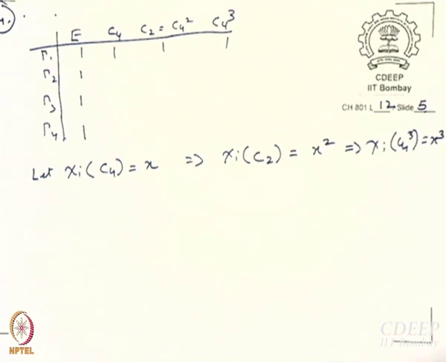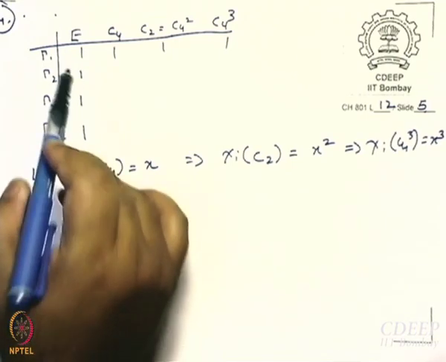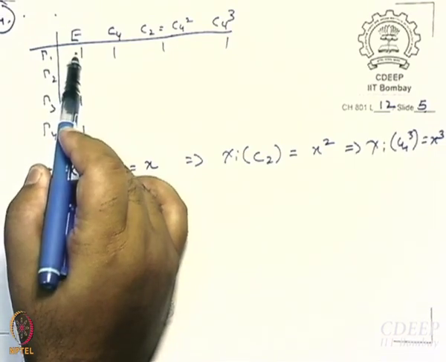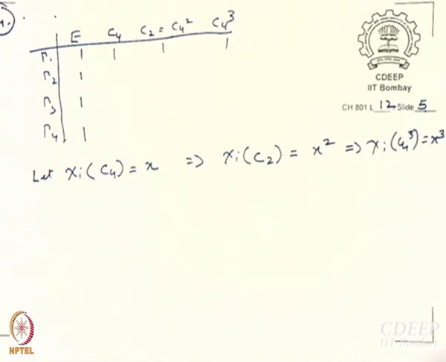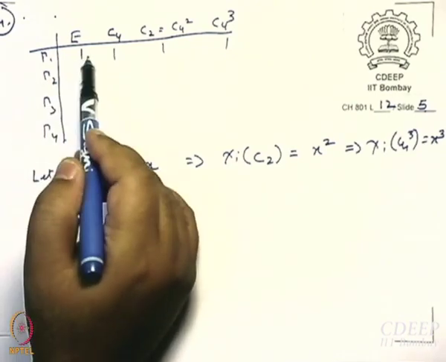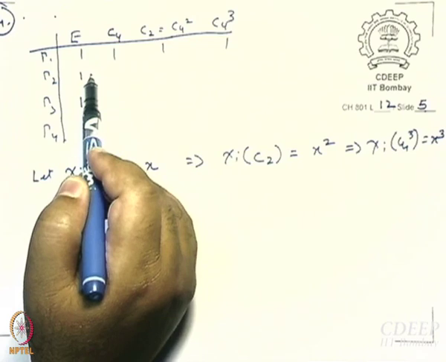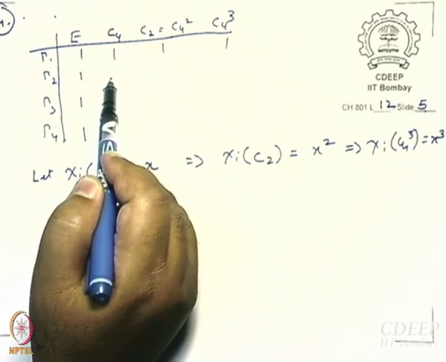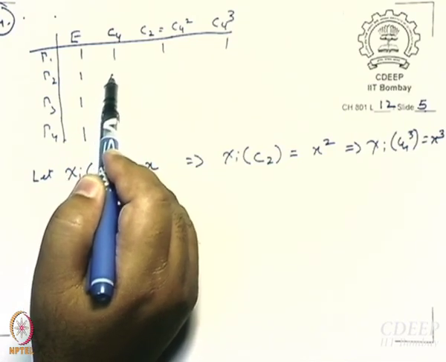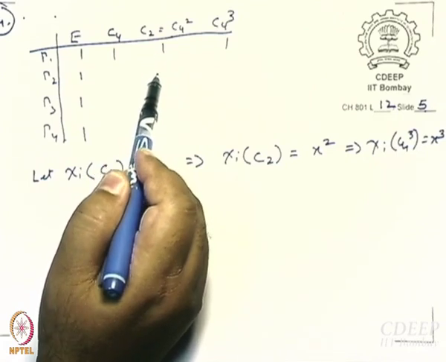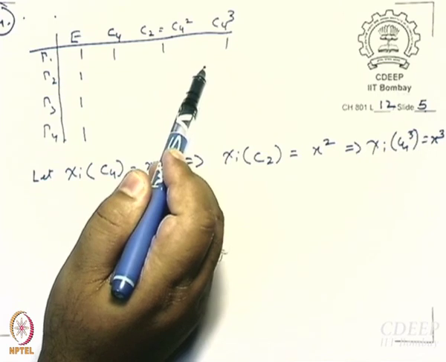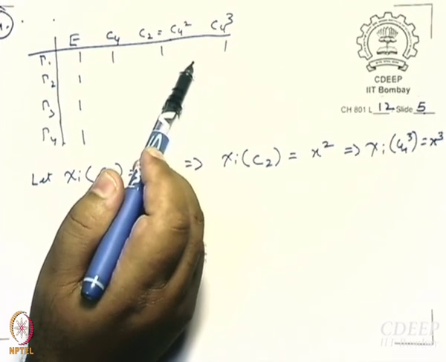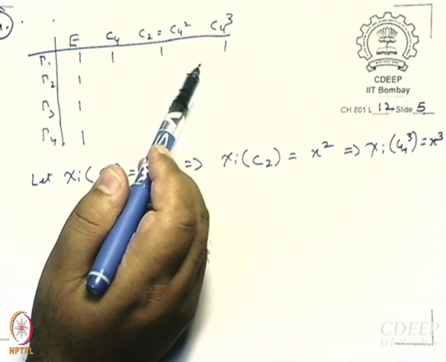Now let me use great orthogonality theorem. Gamma 1 is an irreducible representation. Gamma I is also an irreducible representation. So what can I write? 1 multiplied by 1 plus 1 multiplied by chi I C4 plus 1 multiplied by chi I C2 plus 1 multiplied by chi I C4 cube is equal to 0.